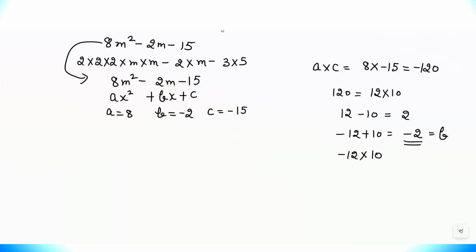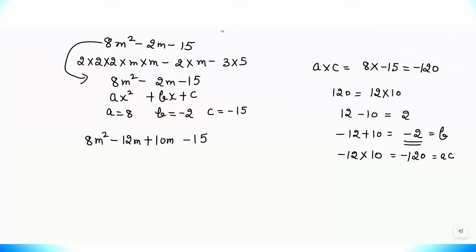If I multiply minus 12 into 10, I will also get minus 120, which is equal to ac. So we'll write here 8m square minus 12m plus 10m minus 15.